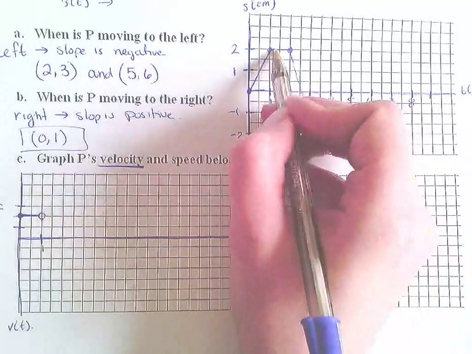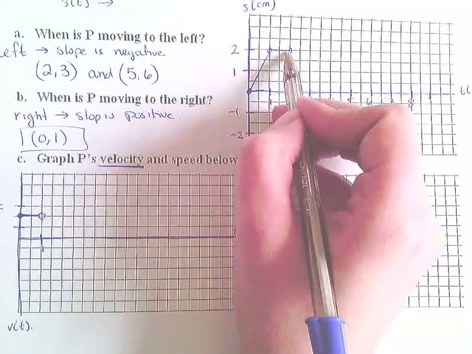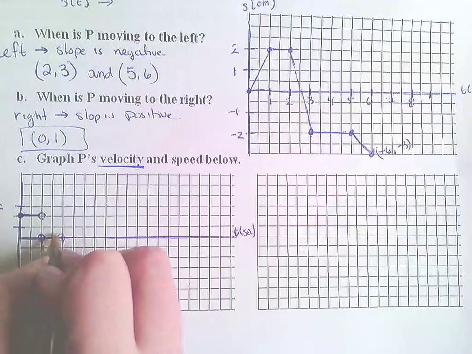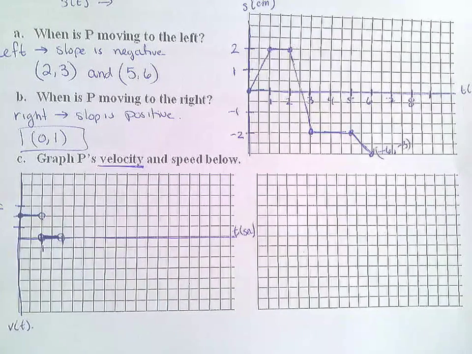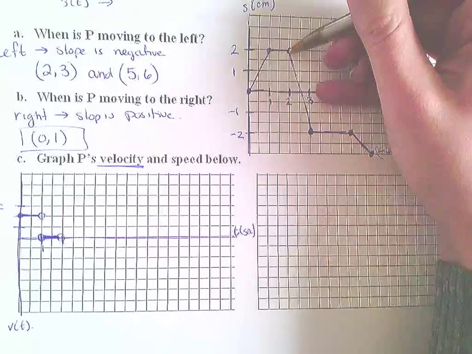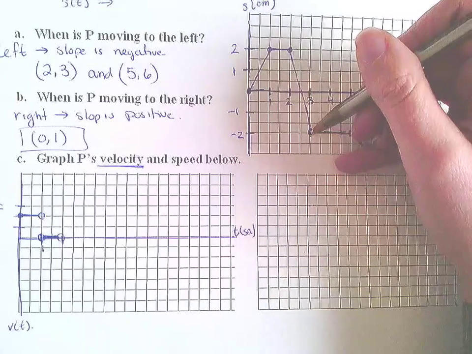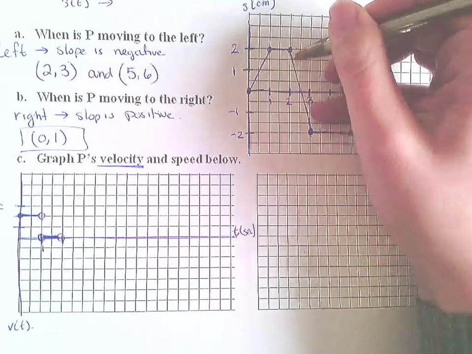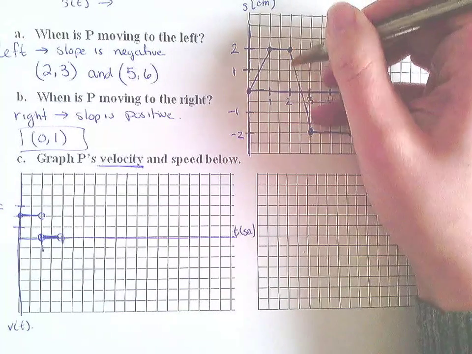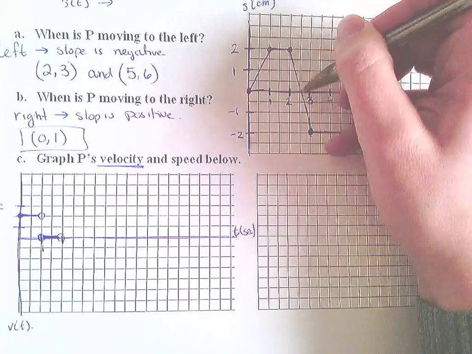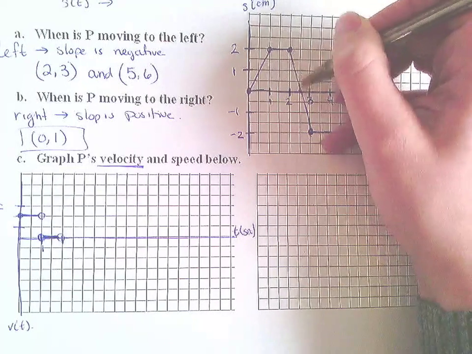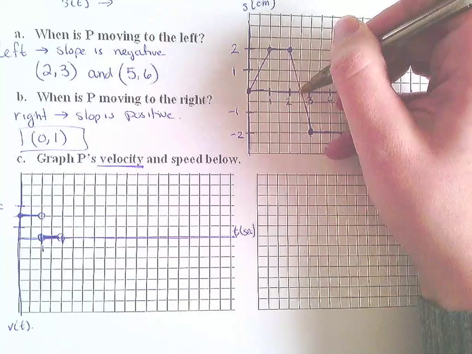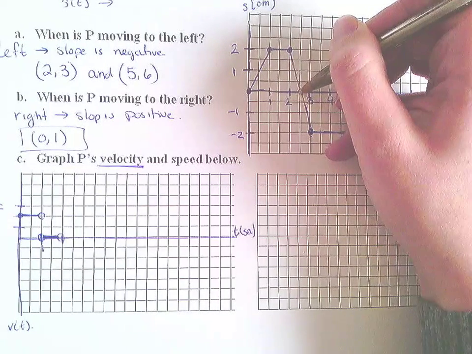Now, from 1 to 2, what is the slope? 0. So from 1 to 2, the slope is 0. Okay, from 2 to 3, the slope here is actually negative, and basically, if I try to find the slope between these 2 points, its rise is 1, 2, 3, 4, and we're running a half.